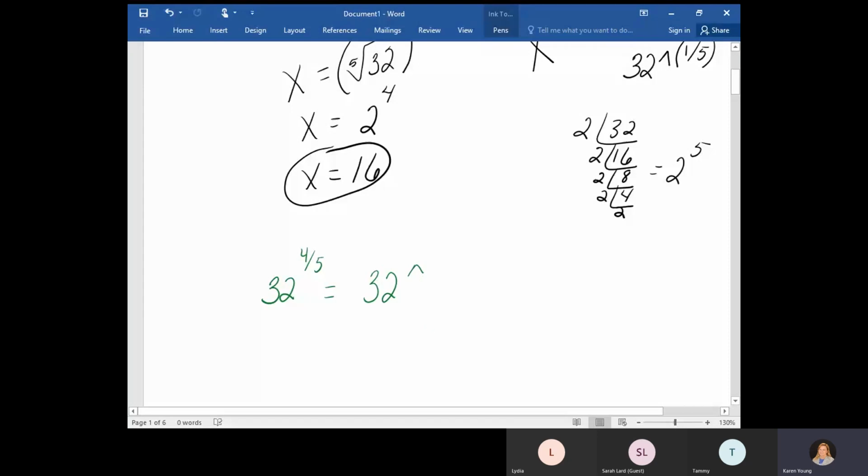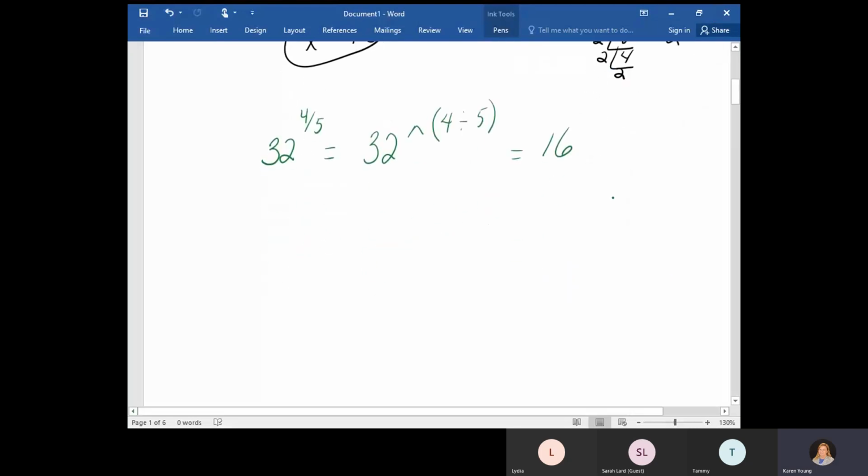I use the caret key because I'm a Texas Instruments person. Then in parentheses, do 4 divided by 5, and it will give you 16. So if you ever just want to know the value, you can do that in your calculator. So let's do another one of these.